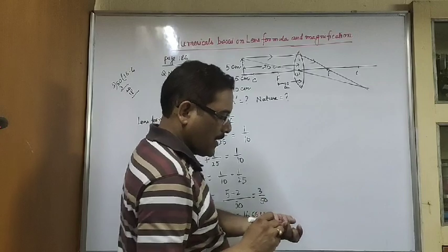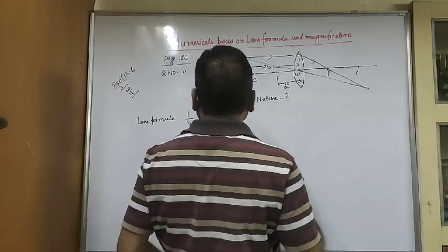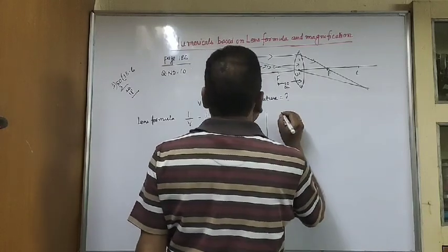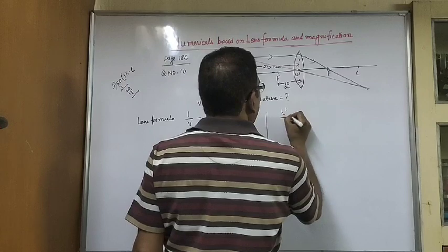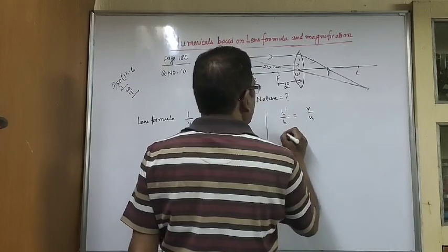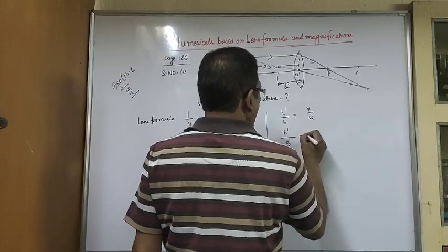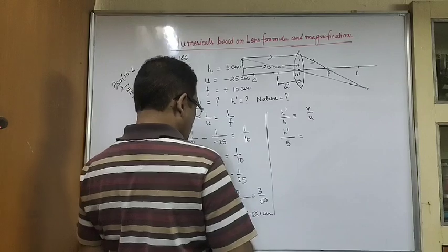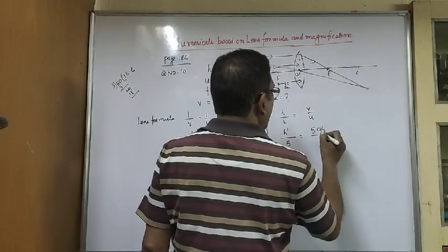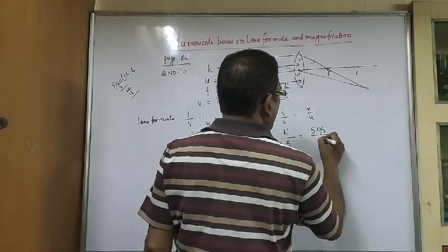Now one thing more, that you have to calculate h dash also. So let us calculate the size of the image. As we know, h dash by h is equal to v by u in case of lens. So h is how much? 5, and v, as we have calculated, is 50 by 3, and u is minus 25.